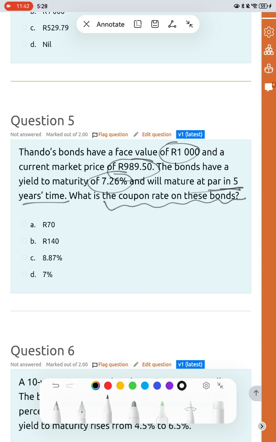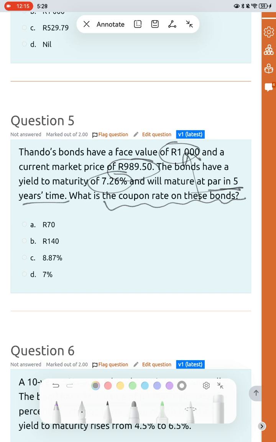Remember, the coupon rate is in relation to the face value. So therefore you are going to say 1,000 Rand multiplied by... wait, what am I saying? On the bond price, we have to find the annual coupon payment, so we need to find the coupon rate.